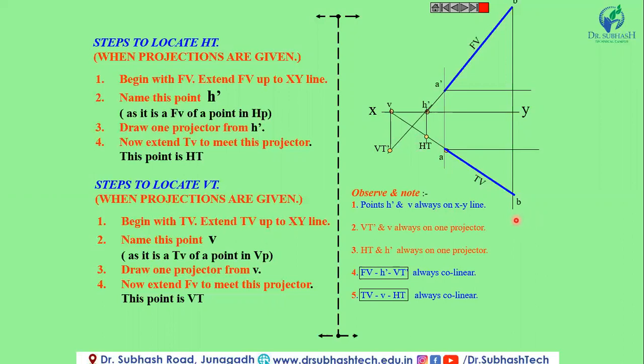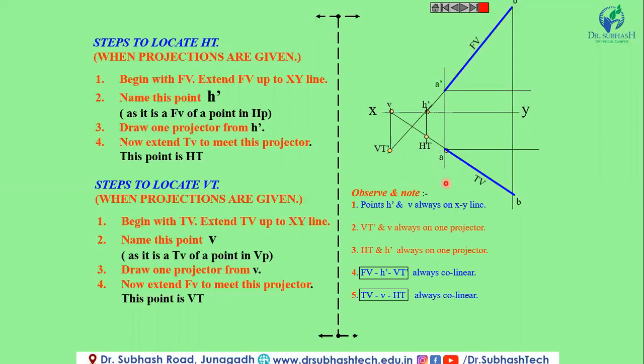Now, some important points regarding the traces of a line. H dash and V are always on the XY line. VT and V are always on one projector. Similarly, HT and H dash are always on one projector.